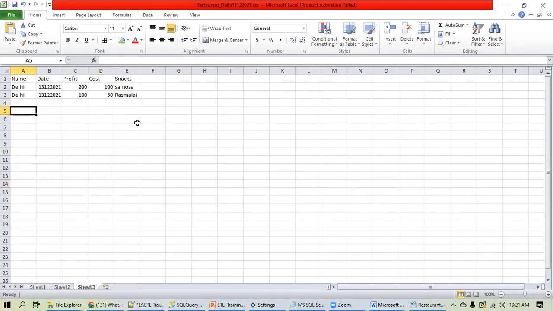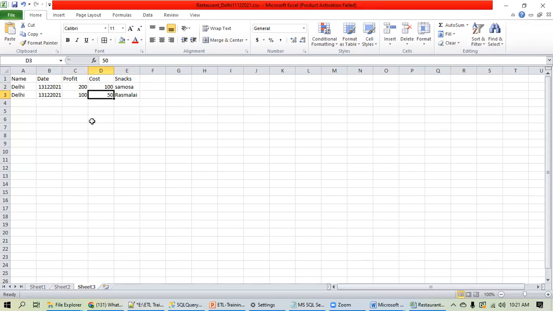Suppose this is sample data, and the sample data I received from my daily restaurant. On 13th December 2021, it was mentioned that the profit I earned is 200 rupees and the cost was 100 rupees when I sold samosa. And then for Rasmalai, the profit is 100 and the cost is 50.